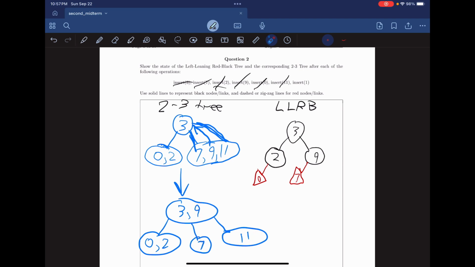The 9 should be greater than the values over here, but less than the value over here. So that the 7 should be in the middle of them, the 11 should be greater than both of them, and the 0 and the 2 should be less than both of them. We see that we have that here, so we know that we did the process correctly.